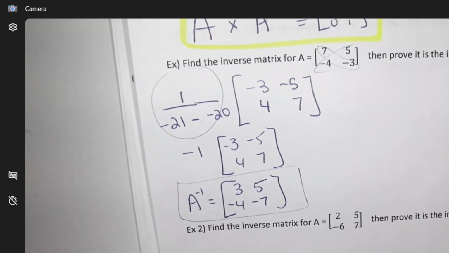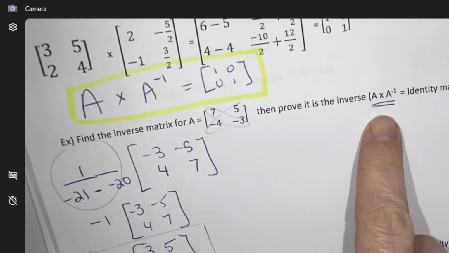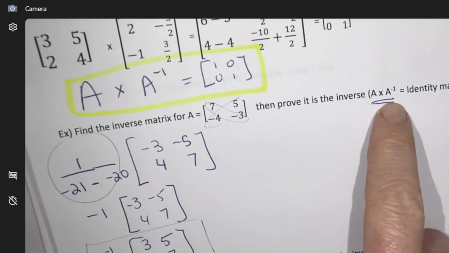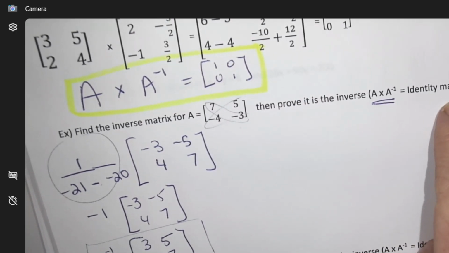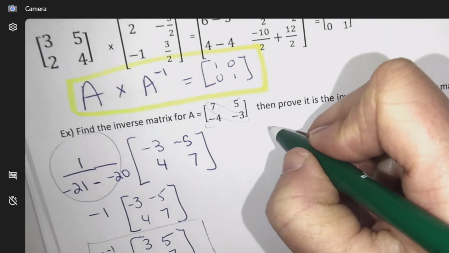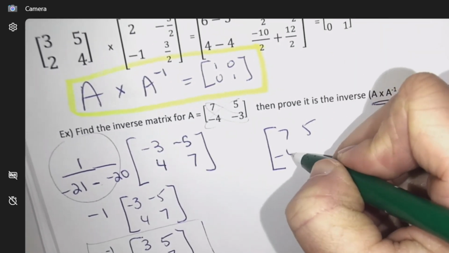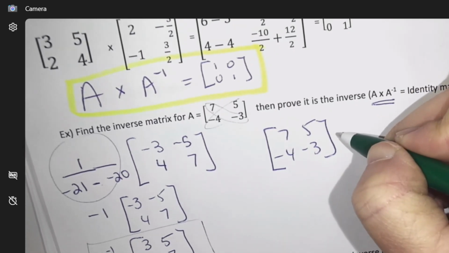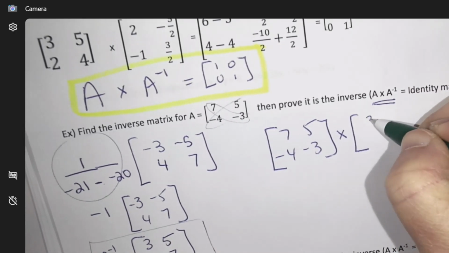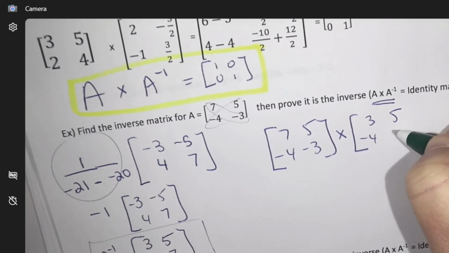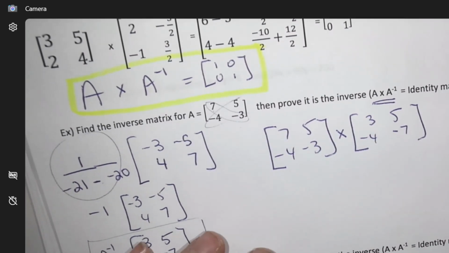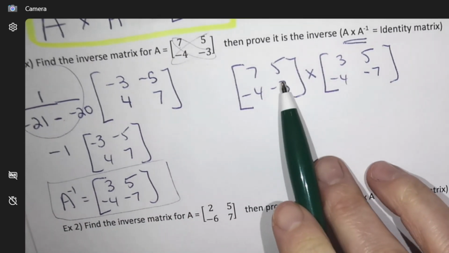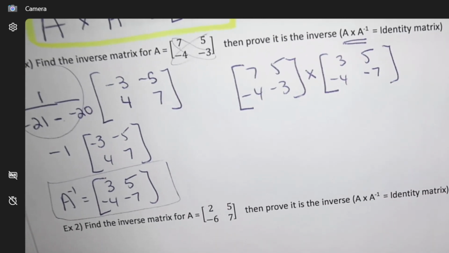So here's what we're going to try to do. We're going to show that the original A times the inverse should end up being a 1, 0, 0, 1 matrix. Okay, so my original was 7, 5, negative 4, negative 3. So here's the original, here's the inverse.